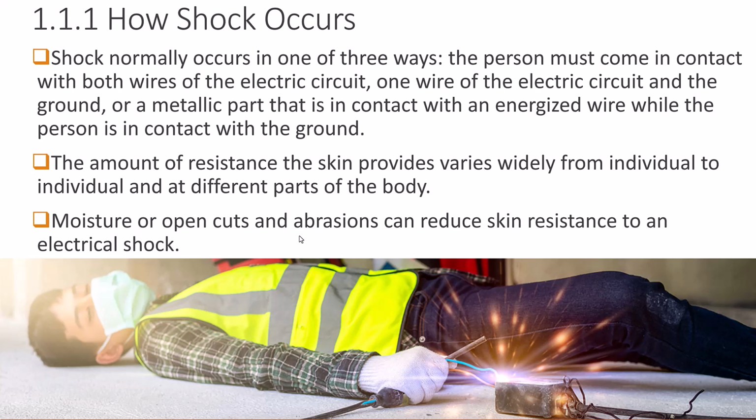The hands, you could have calluses on, which will give you a smidgen of additional resistance. It's enough to make a difference when you're brushing by something, but if you're grabbing a hold of something, it's probably not going to help much. If you got moisture and sweat, open cuts or abrasions, that can reduce your skin resistance also.